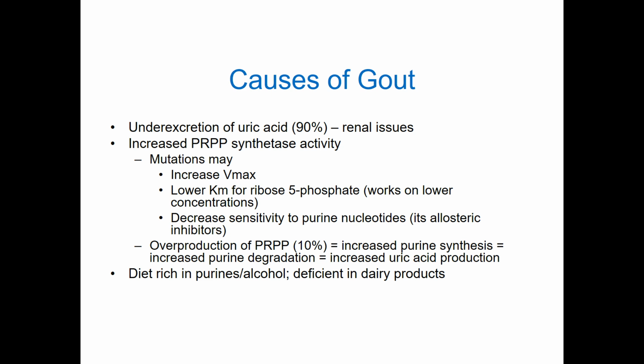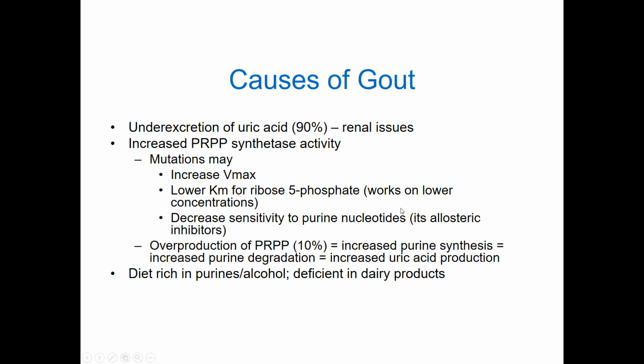There's lots of causes for gout, so I listed just a few. Some of it can be a renal issue where we're not really making too much uric acid, we're just not excreting it properly, so this is a kidney issue. We can see the overproduction of uric acid because we have too much PRPP being made. High amounts of PRPP will lead to an increased production of purines, so we have more around, we need to break them down.